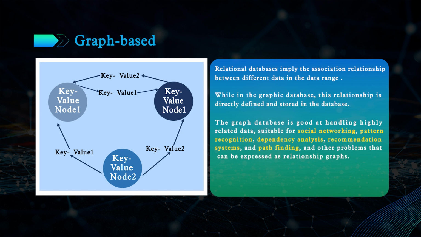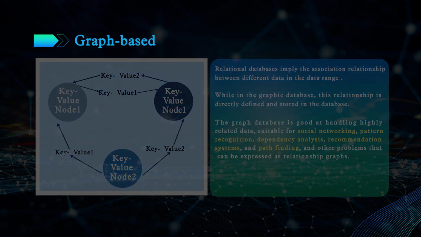So the graph database is good at handling highly related data, suitable for social networking, pattern recognition, dependency analysis, recommendation systems, path finding, and other problems that can be expressed as relationship graphs.